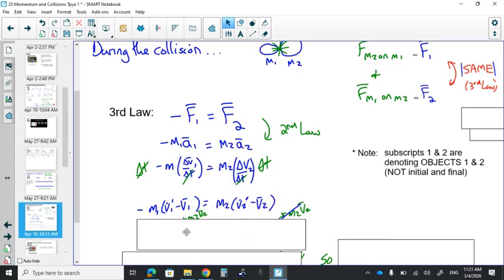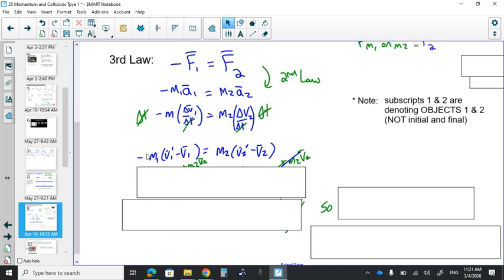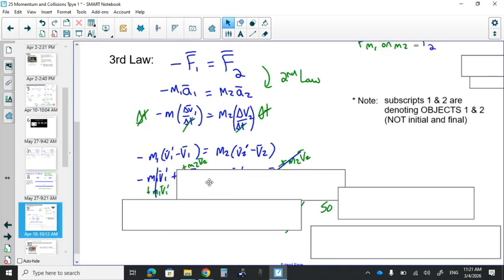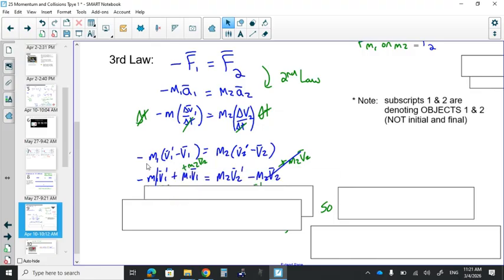And so now what we do is we multiply out. So we get a negative m1 v1 prime right there. And we get a negative and a negative, so a positive m1 v1, and then an m2 v2 prime, and a negative m2 v2. Then we can just swap sides on the equation.